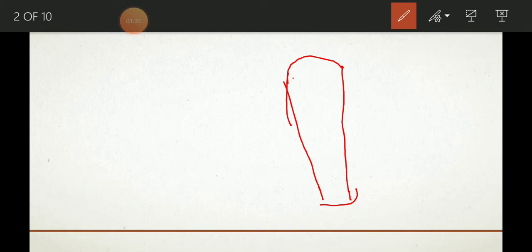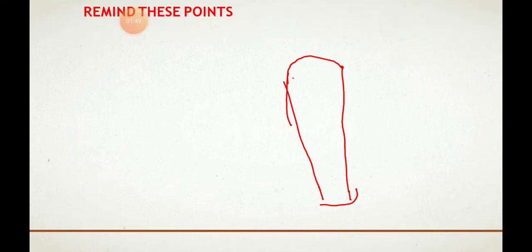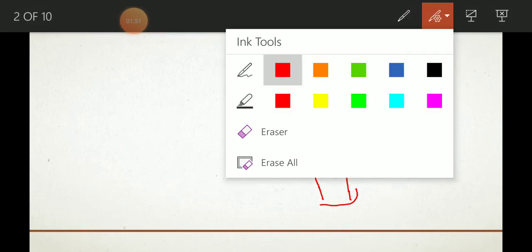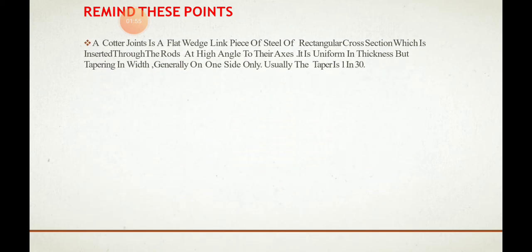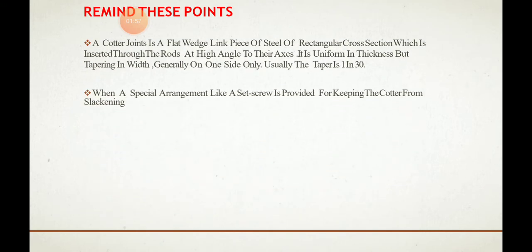There are some standard shapes, and the usual taper of the quarter varies from 1 in 48 to 1 in 24. This is what the usual dimensions of the quarter joint are. These are some of the points which I told you, you can go through them.